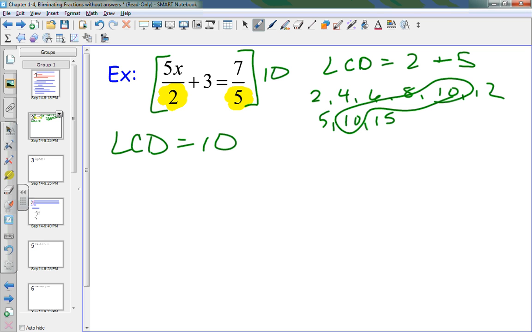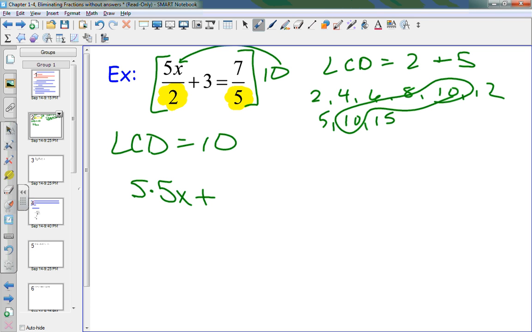So what we're going to do is go about distributing this. Normally you would take 10 times 5x in your head, wouldn't you? What I want you to do is take 10 and divide it by 2. What is 10 divided by 2? 5. Then I want you to bring down the numerator. That's the jump. I don't want you to think, I just want you to drop down the numerator.